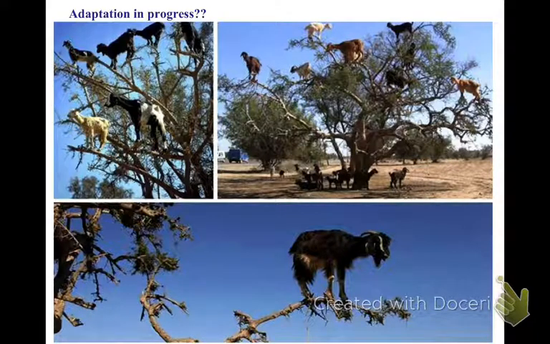And in this area, the lowland grasses are practically nil. So the thorny trees are the only options for vegetation, and some of these goats have developed the ability to climb and balance themselves on all four legs on these thin branches.